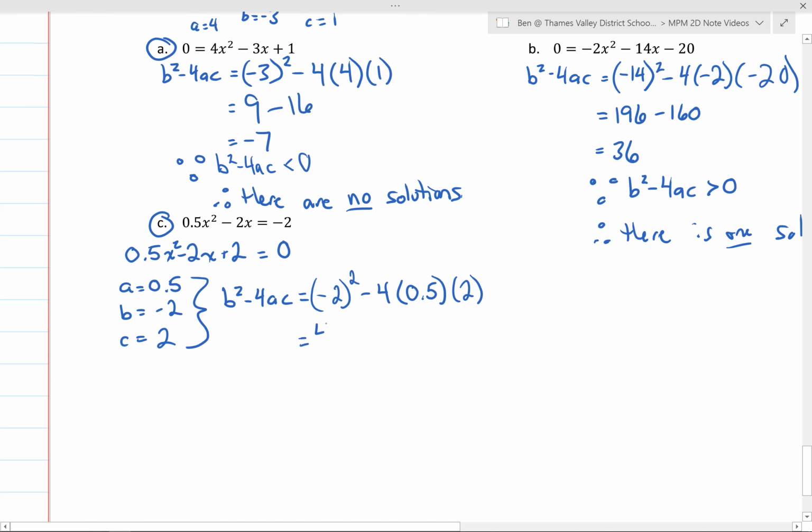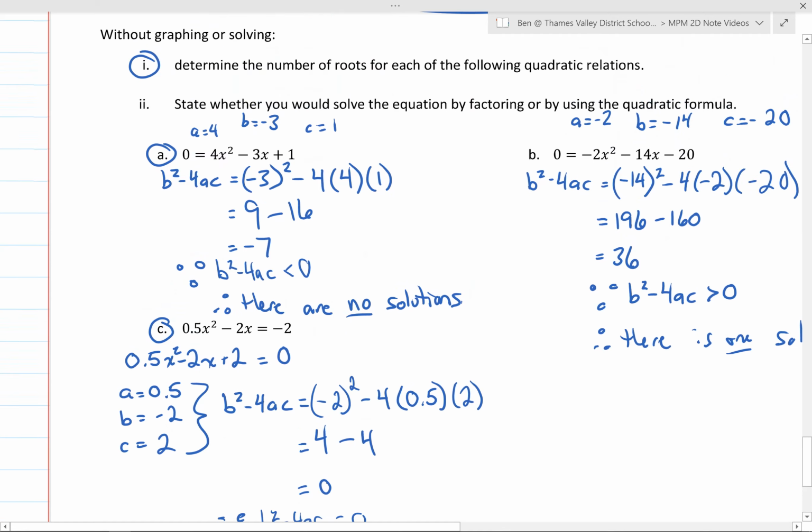That equals 4 minus 4, which equals 0. So since b squared minus 4ac, our discriminant, equals 0, therefore there is one solution. Awesome. That's the first part.